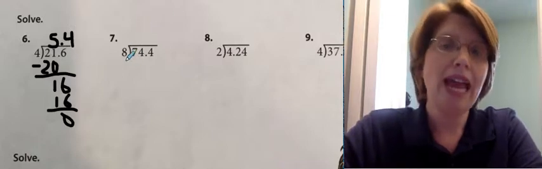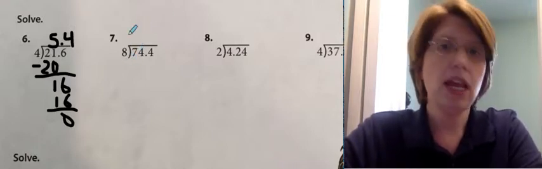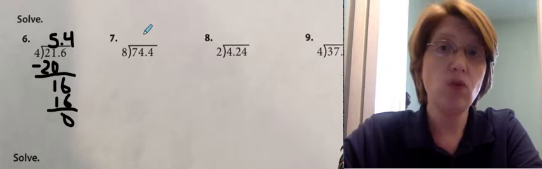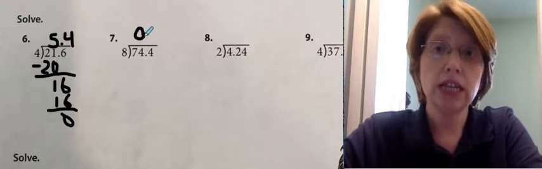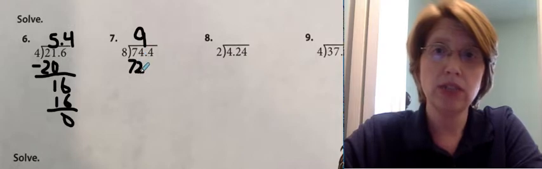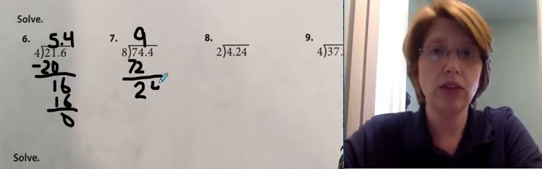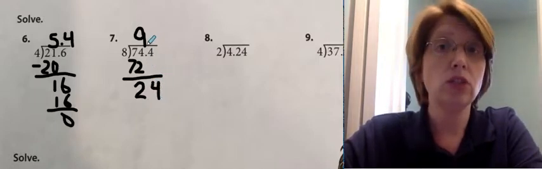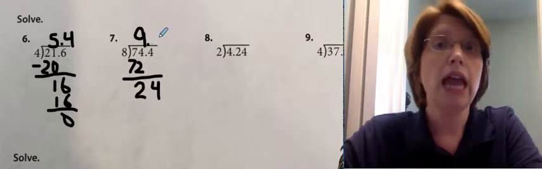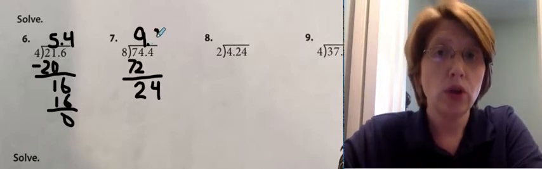Okay, so 8 cannot go into 7, but 8 goes into 74 9 times. We're going to put a 72 there. We're going to subtract. 74 minus 72 is 2. We bring down the 4. 8 goes into 24. I'm going to put my decimal. 8 goes into 24 3 times.